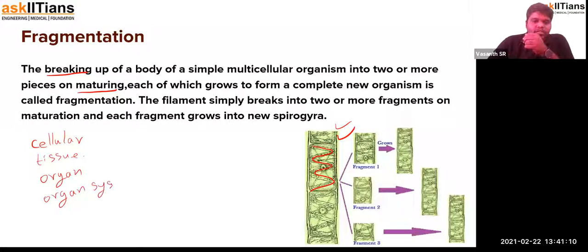Spirogyra is just a multicellular structure which has only one type of cells arranged together, and it undergoes growth, multiplication, division, survival, everything.